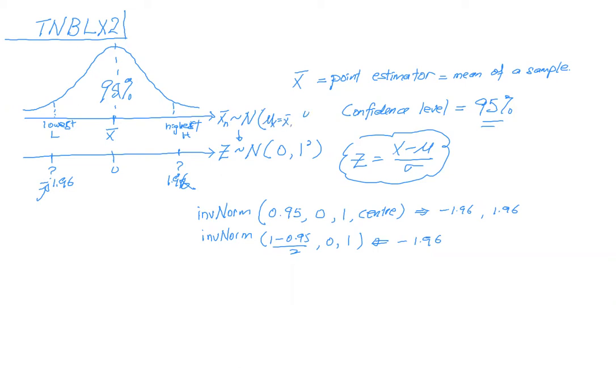And the standard deviation of the sampling distribution is the standard deviation of the population divided by, according to the central limit theorem, square root of n. This is the sampling distribution.